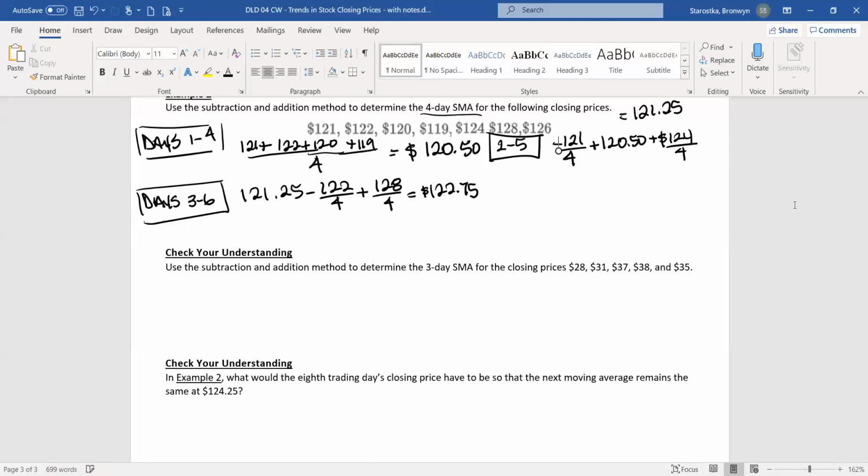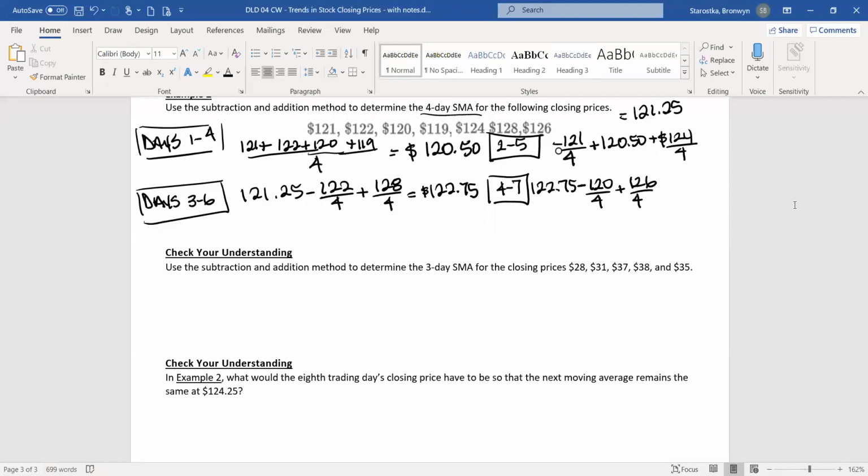And then we have our final days 4 through 7. So we're going to take that 122.75. We want to subtract out day 3, which is 120, and add in our last day, which is 126, over 4.